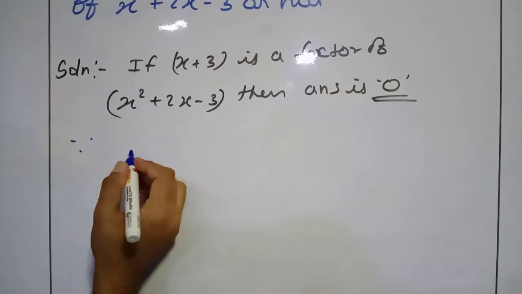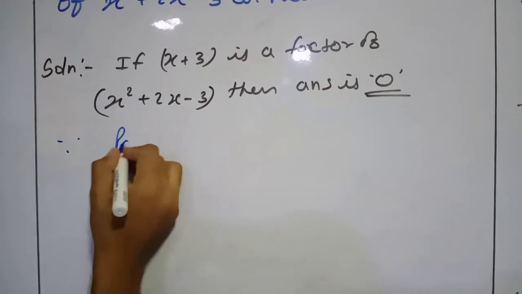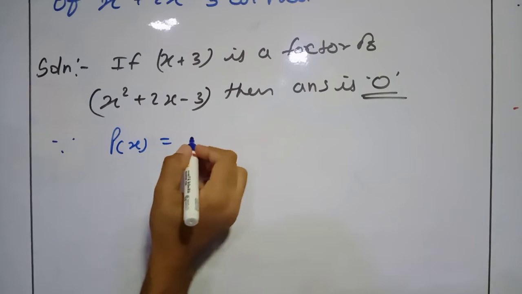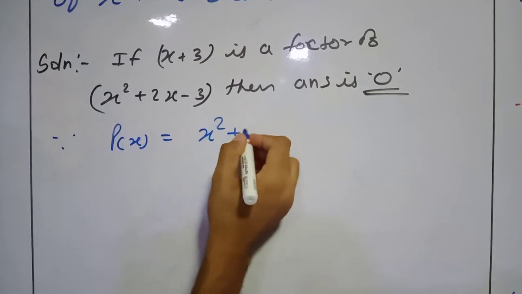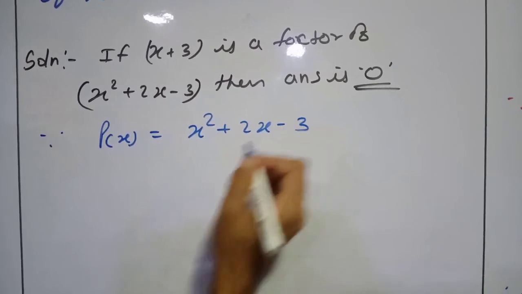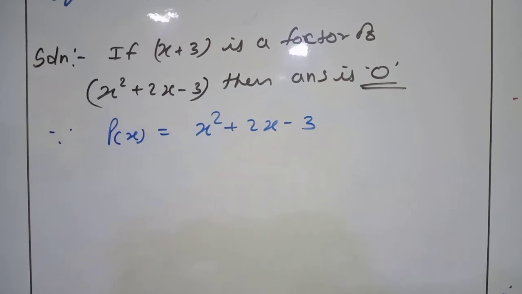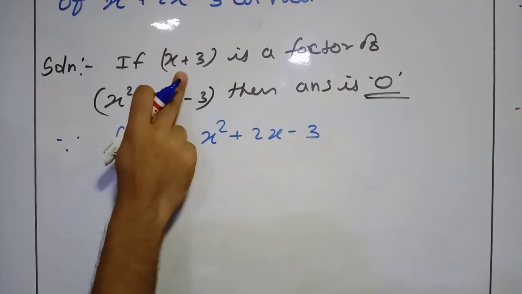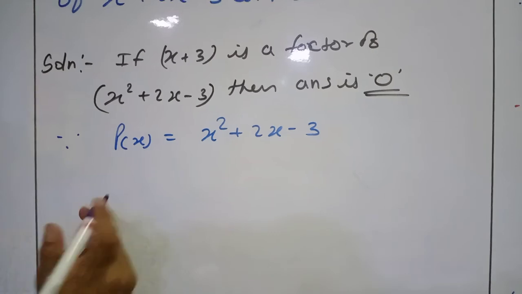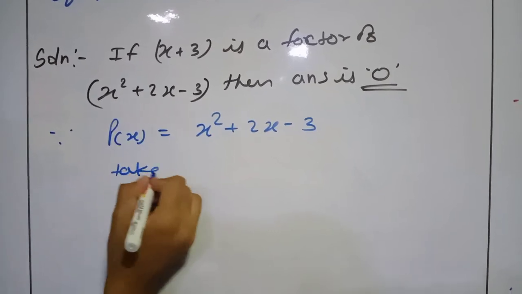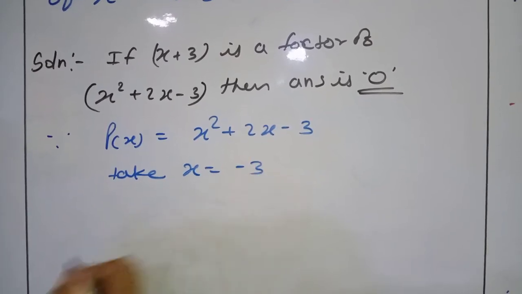Because here p(x) is equal to x square plus 2x minus 3. Now, because x plus 3 is given, we have to take x is equal to minus 3.